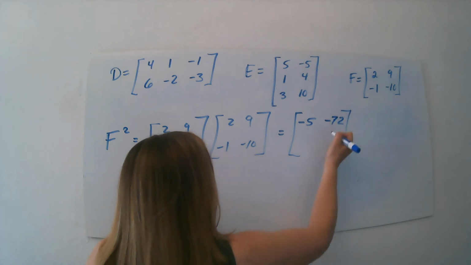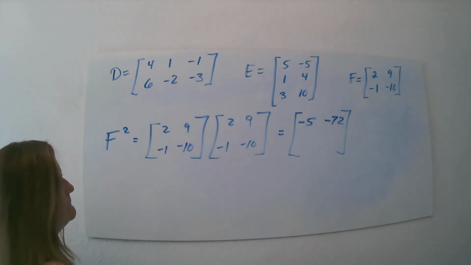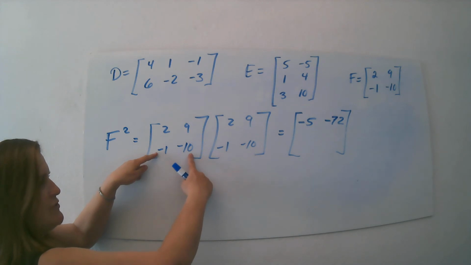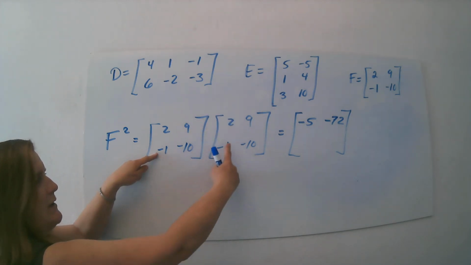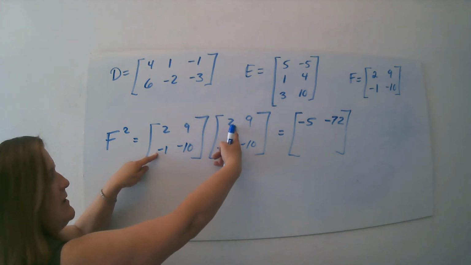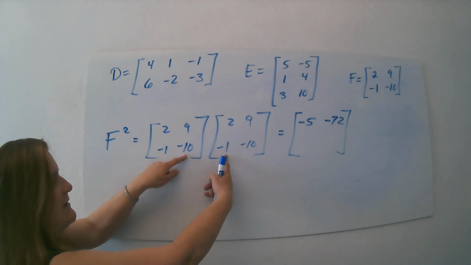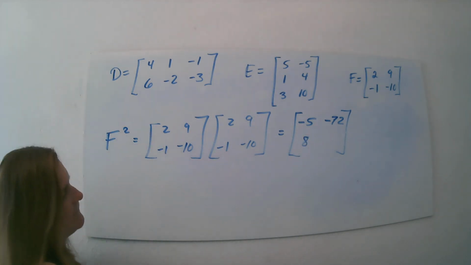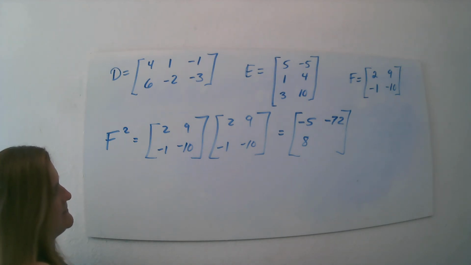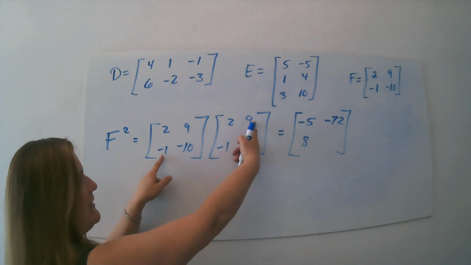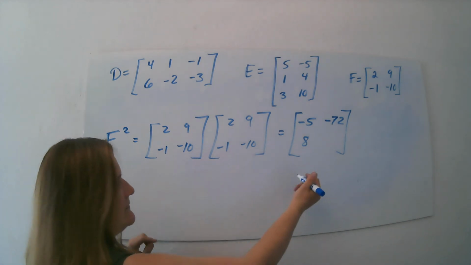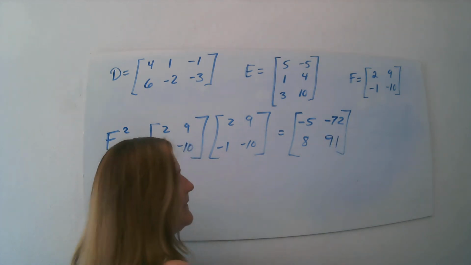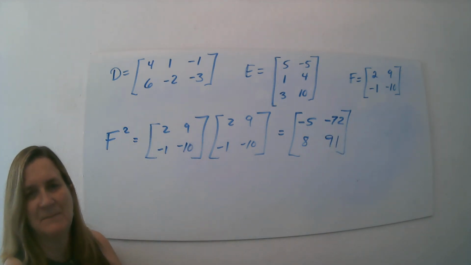What's that, negative 72? Now we're on row 2. So I'm in row 2, column 1, negative 2, positive 10. And negative 9 plus 100. And we have the product.